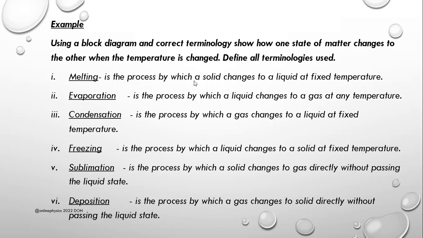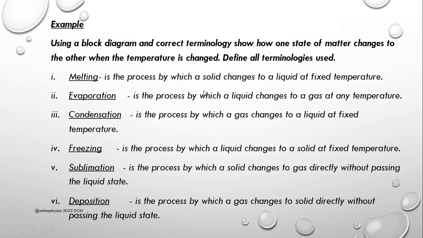Use a block diagram and correct terminologies to show how one state of matter changes to the other when the temperature is changed. Define all terminologies used. The first one is melting, the process by which a solid changes to a liquid at a fixed temperature.